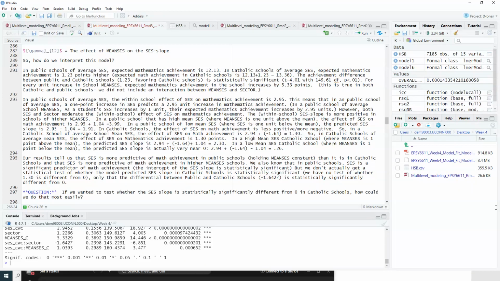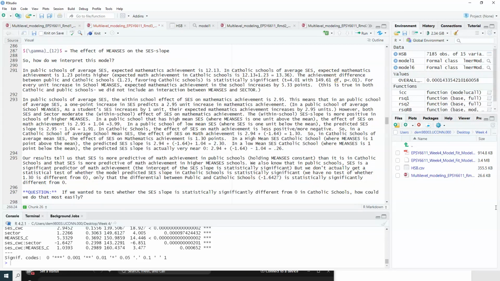And then in public schools of average SES, the within school effect of SES is 2.95. That's that SES underscore C coefficient, which means that in a public school, has to be a public school. So this is when sector is 0 and when mean SES is 0. So in a public school of average SES, a 1 point increase of SES predicts a 2.95 unit increase in math achievement, okay?